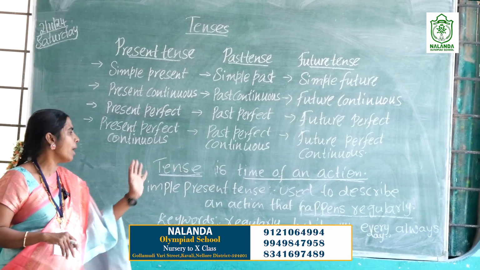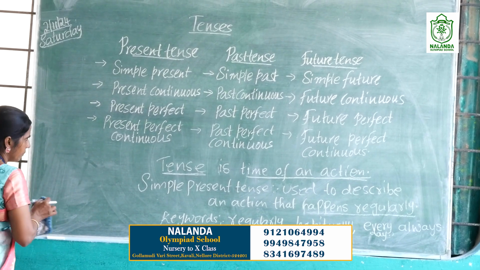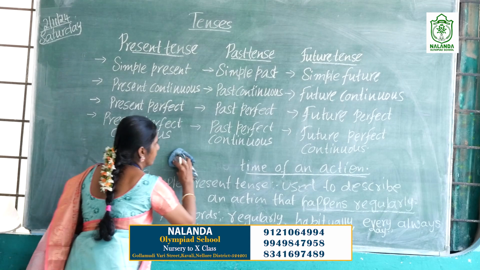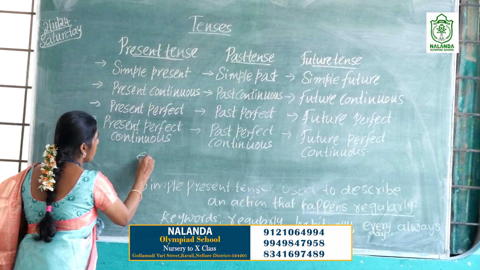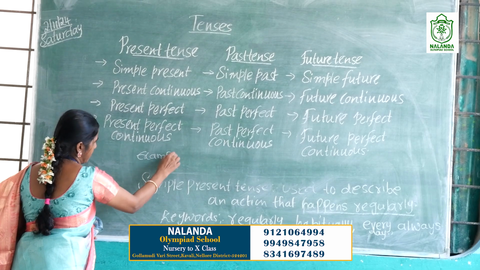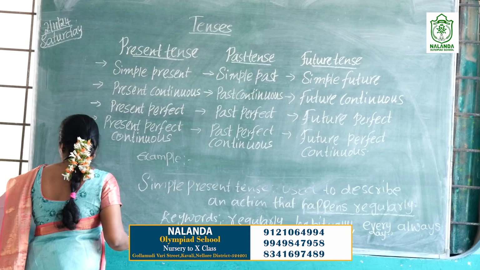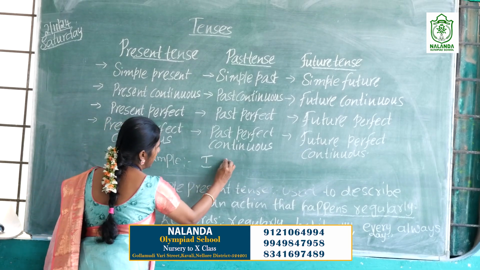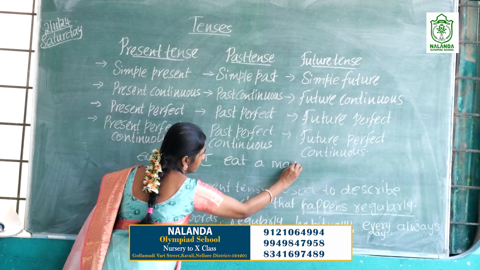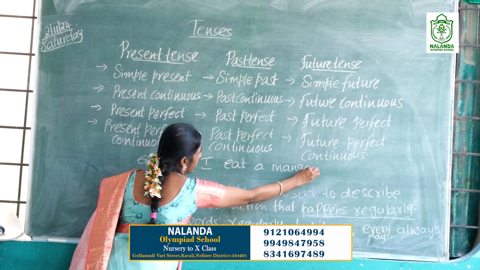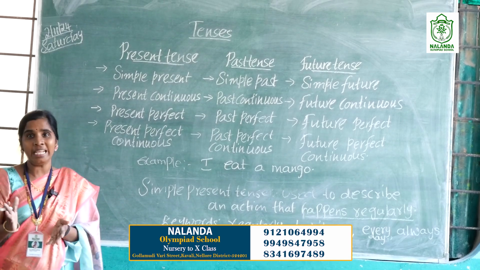So I'll go with one example. An example of simple present tense: I eat a mango. Okay, children? Can you please tell me what are the verb forms of eat?